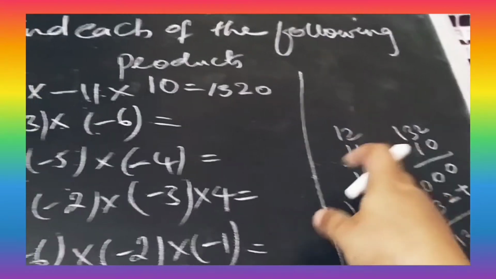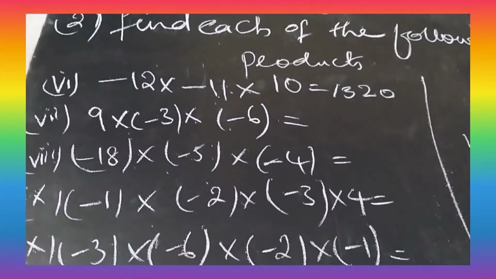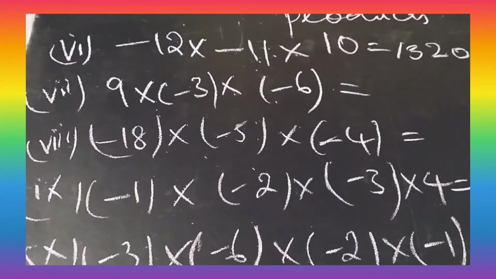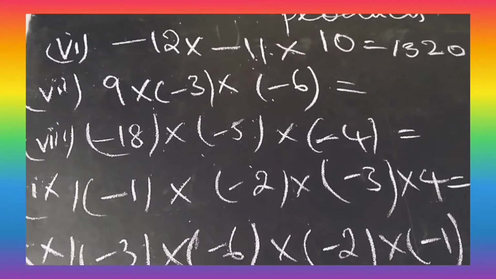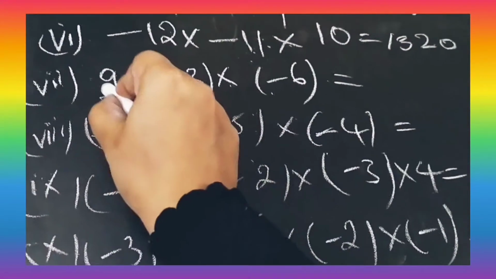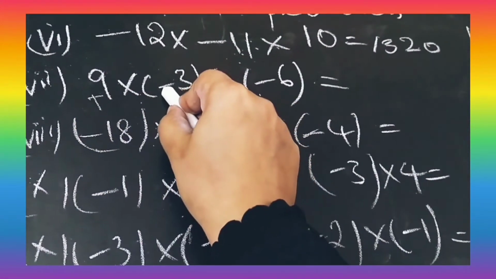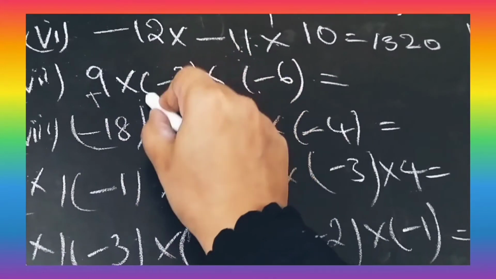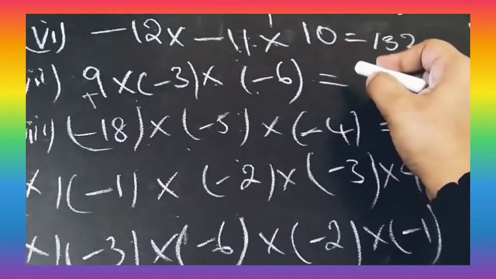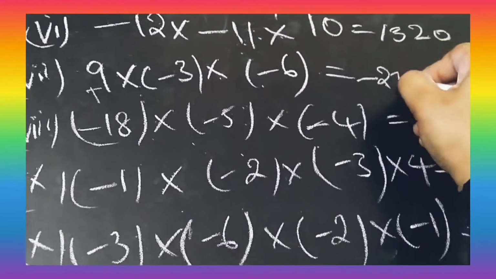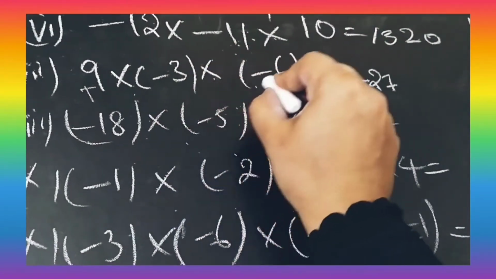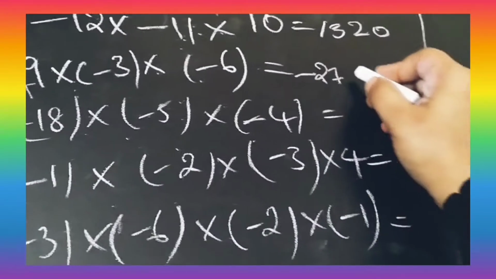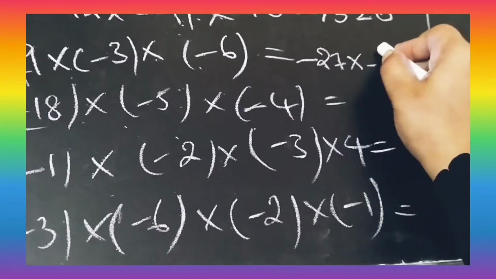Understood this? The next one. Now what is the seventh one? 9 into minus 3. Here again plus is there, plus into minus is minus. 9 threes are 27, minus 27. Into minus 6. Minus 27 into minus 6.